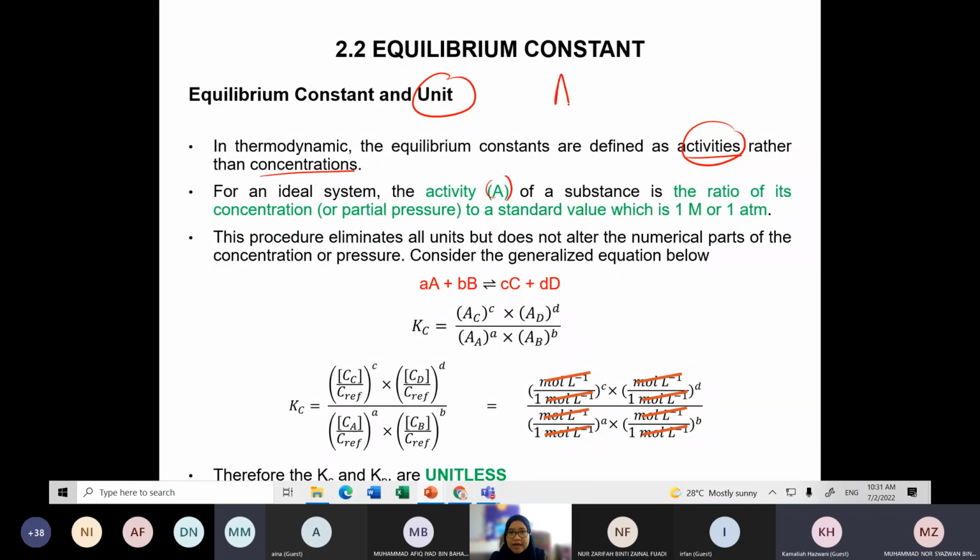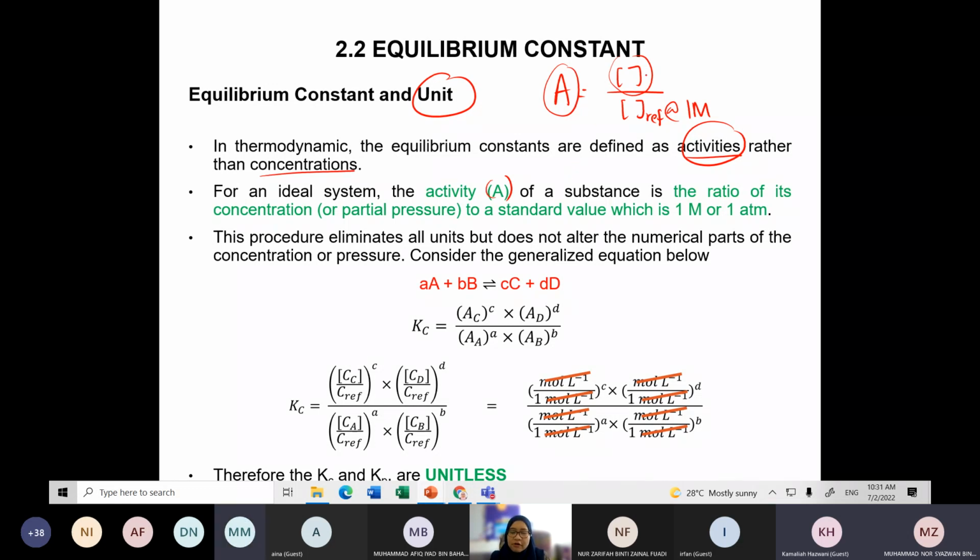So activity is the concentration that we measure over the reference concentration, which is usually 1 molar.